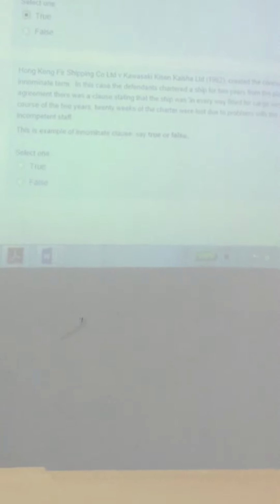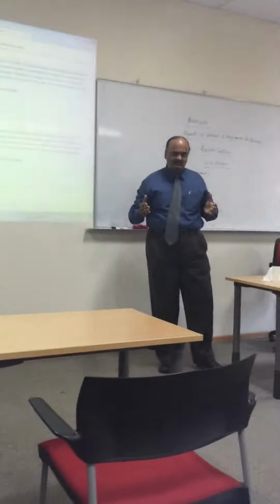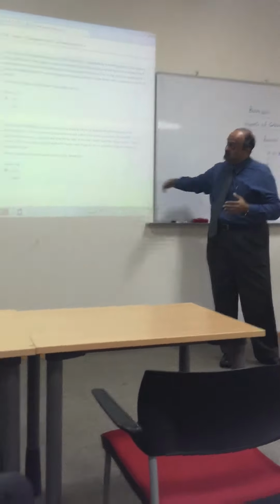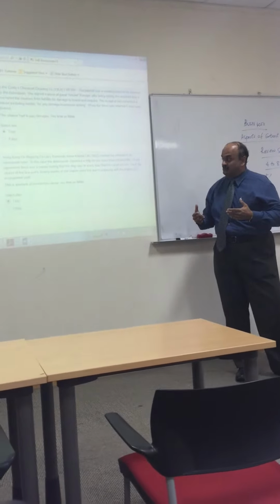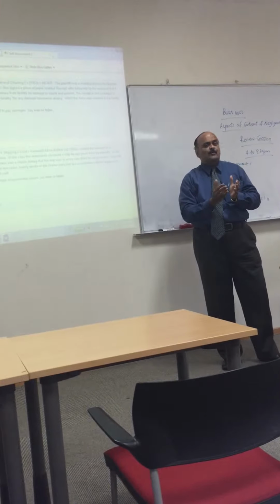Because what happened was the contract was for 2 years, out of which 20 weeks they lost. They lost because the ship was not seaworthy for various reasons, but it was a very small amount.